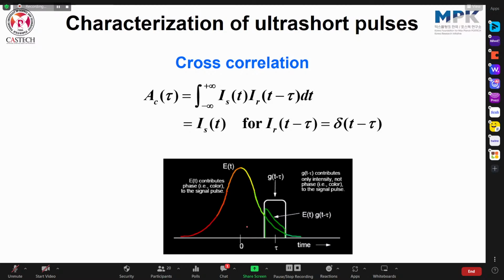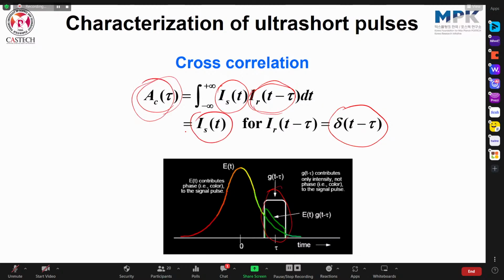Basically, you have the pulse which we'd like to know, and then we gate that pulse with some gating function, and then we do correlation, and then you have the correlation signal.